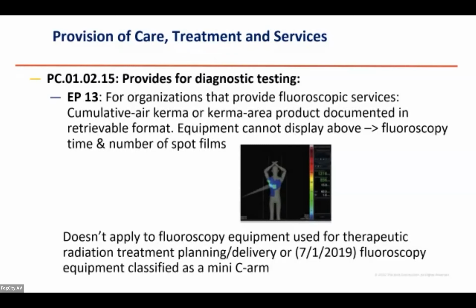So here's a question I often get. How do you know if you've got a treatment planning system and the surveyor comes by and says, are you recording this, the fluoro, or have you done the performance evaluation for a CT? That only applies to units used for diagnostic procedures. How do you know you're able to do that?